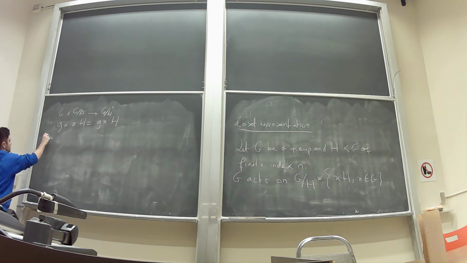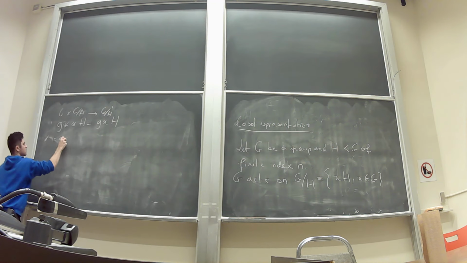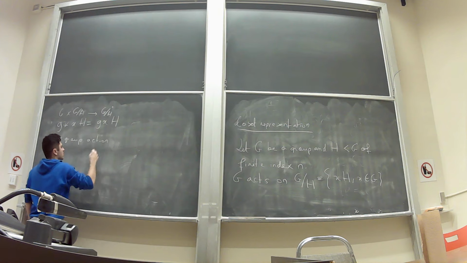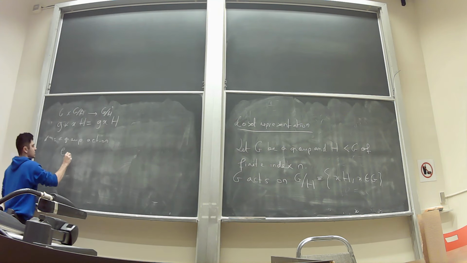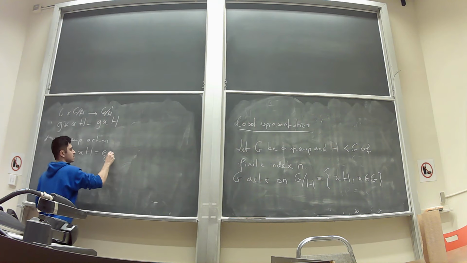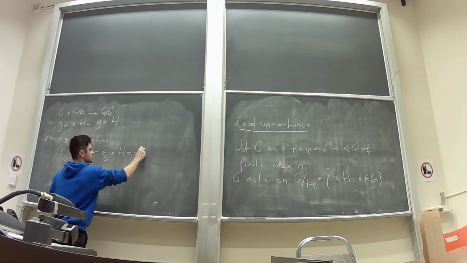Now, star is a group action. I can show it. What is this? e_G star xH is just e_G xH, which is just xH.